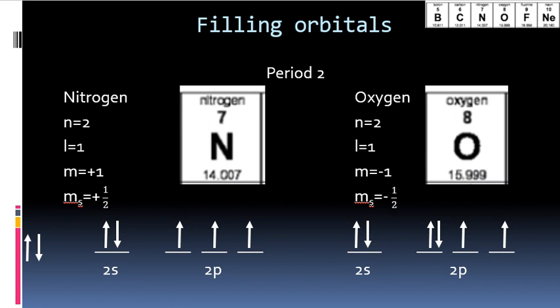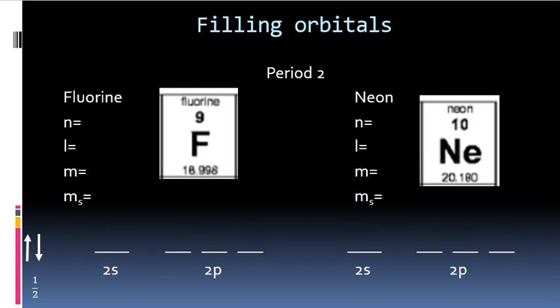Now this leaves us 2 more p block elements, which would be fluorine and neon. In the case of fluorine, it's in group 17, so we have 7 valence electrons to think about. The very first 2 can be used to fill the 2s orbital, and then we are going to have 5 remaining. So effectively, we are going to use 3 of those 5 to first fill each 2p subshell.